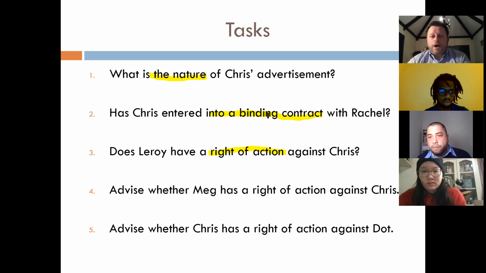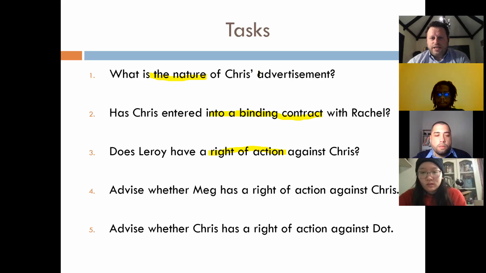If I say, do you want to buy my car? And you say yes, we don't have a binding contract. We haven't discussed consideration. We don't know if you're just kidding. We don't have any certainty of how you're going to pay, or, I mean, there's a lot of details we don't know. So binding contract means, are there all 5 things: offer, acceptance, consideration, intention, certainty.